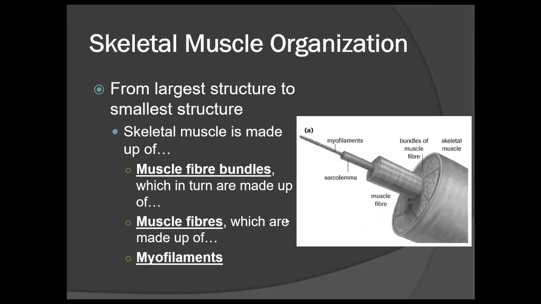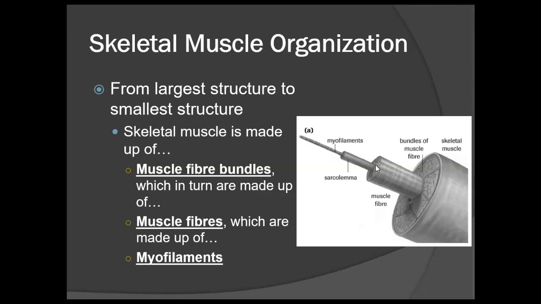A skeletal muscle is made up of bundles of muscle fibers. So each one of these little cases here is a bundle of muscle fibers. So there's several bundles of them here.